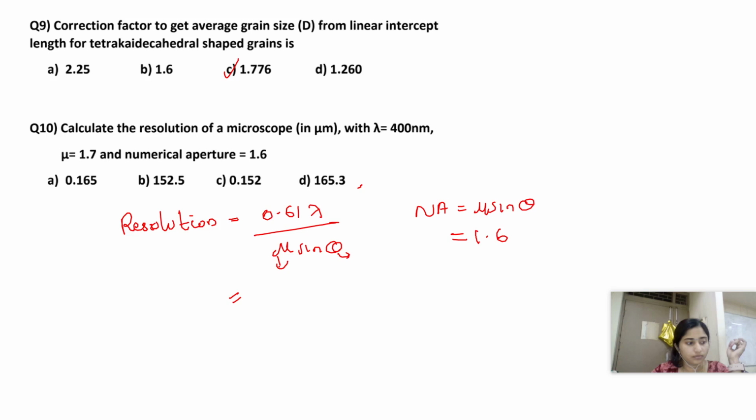Option C, yeah, option C is the answer. So it will be 0.16 times 0.4 divided by 1.6.